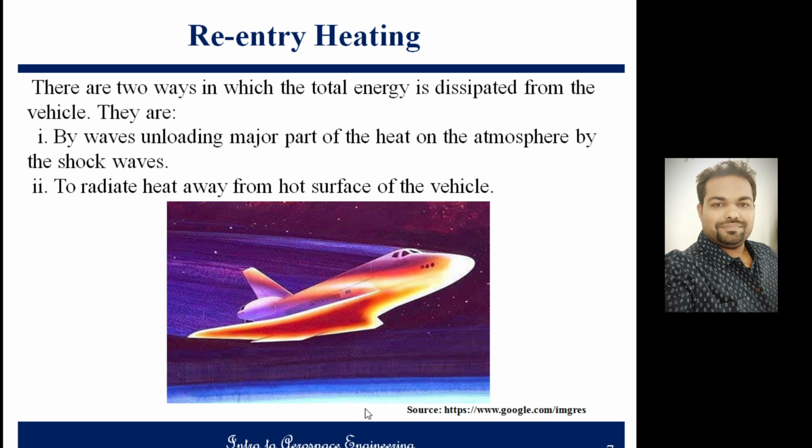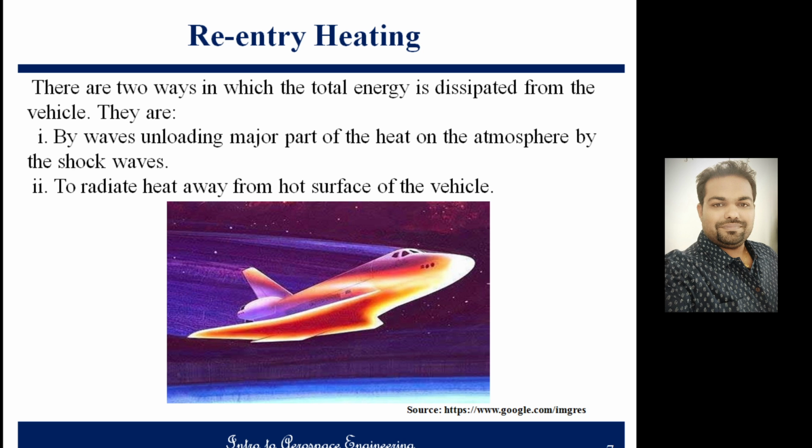That's why for a space vehicle, we make the front nose a blunt nose. If it is a blunt nose, in that case a strong, normal, detached shock will form, right? The detached shock is a combination of one strong normal shock followed by two oblique shocks. The oblique shock will have lesser strength compared to the normal shock.